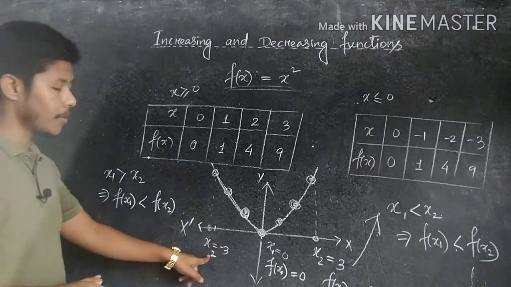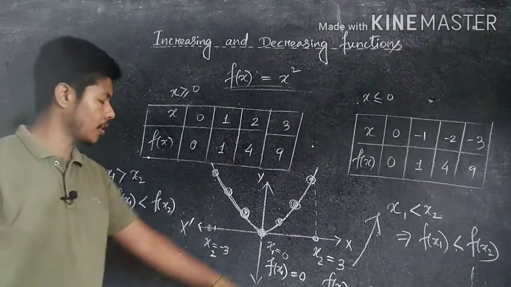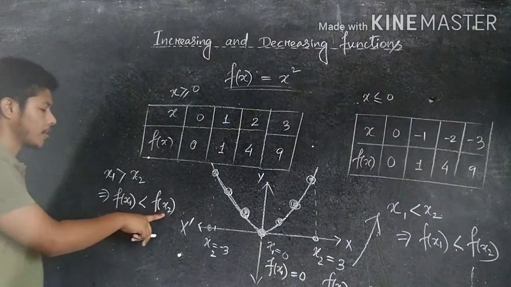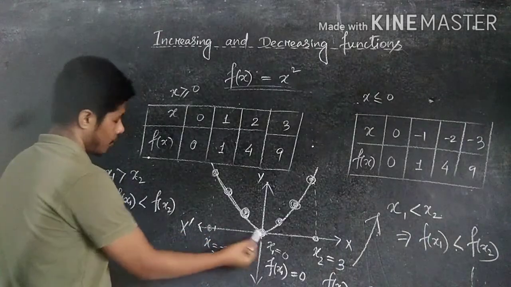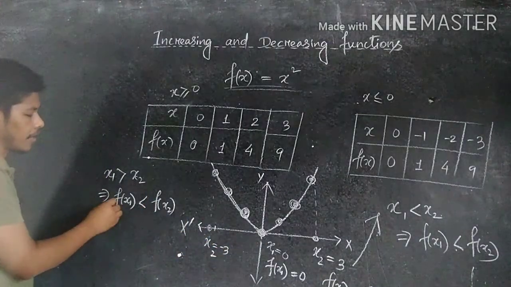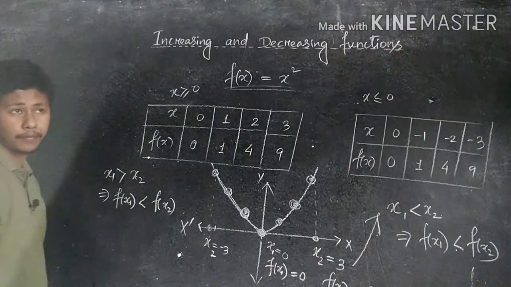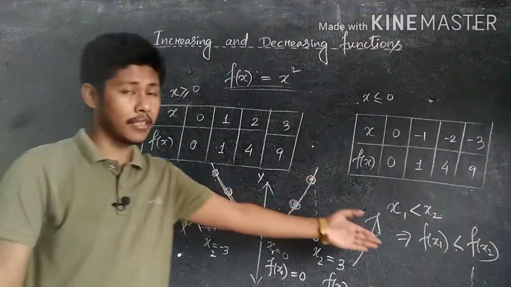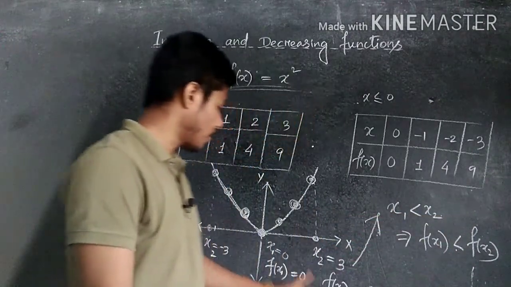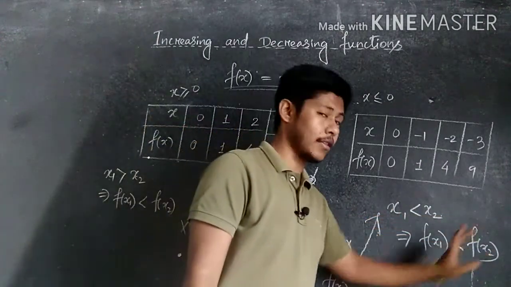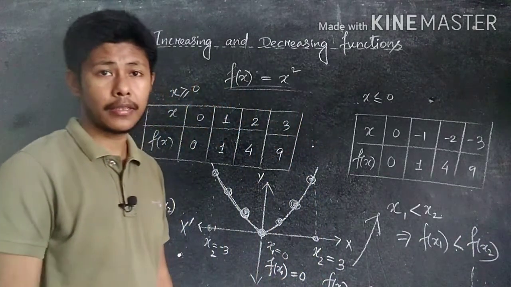Because of the whole square, it became 9, and 9 is greater than 0, so that's why f of x2 is greater. So when x1 is greater than x2, we get f of x1 less than f of x2. But in this case you see, x1 less than x2 implies f of x1 less than f of x2. Is it clear?